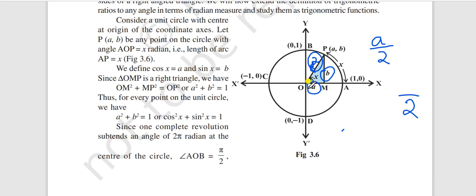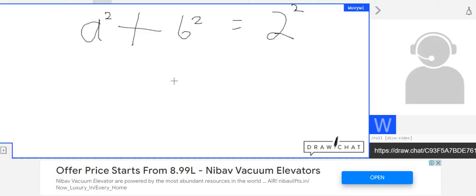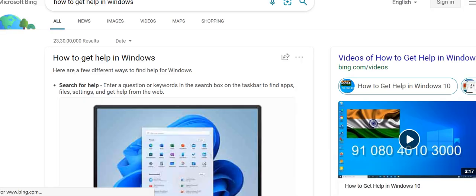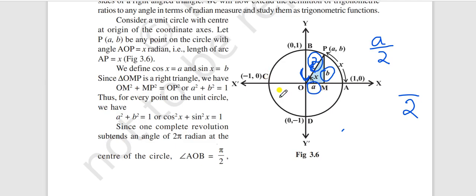Thus, a square plus b square equals 2 square, which could also be called c square, but we are calling it 2. So then we'll get it like this, our answer.